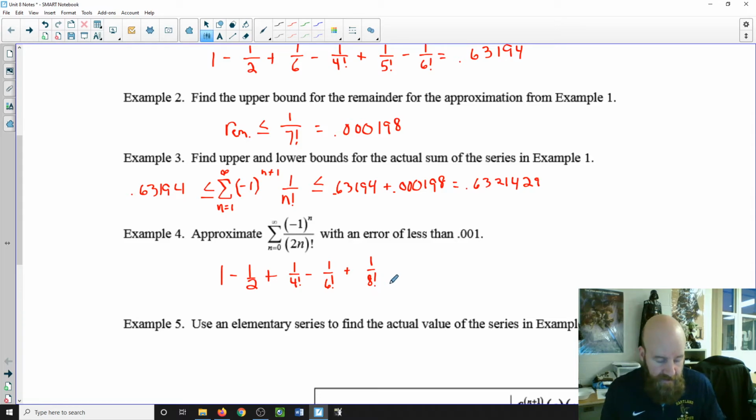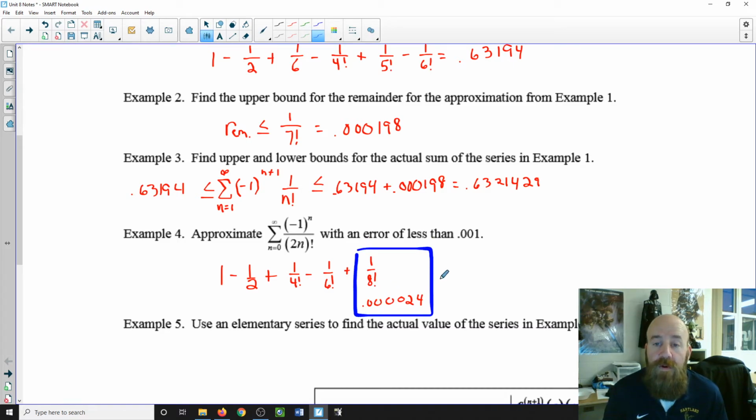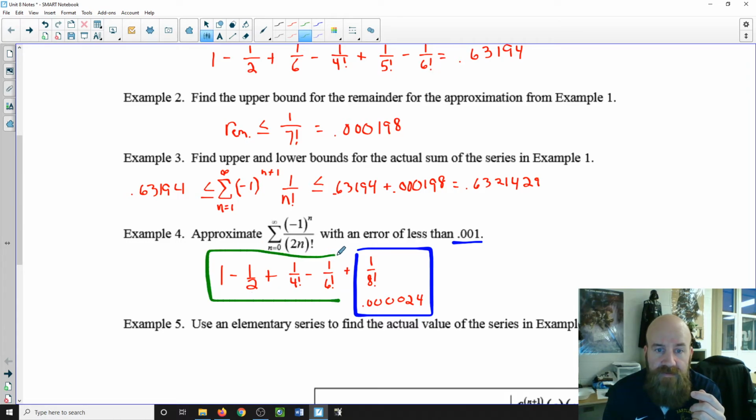So if we look at 1/8 factorial, that is actually 0.00024. Okay, so that right here, and let me box that in here. This term gives us 0.00024, which is less than 0.001. So we can ignore this value, and we can just look at this part of the series.